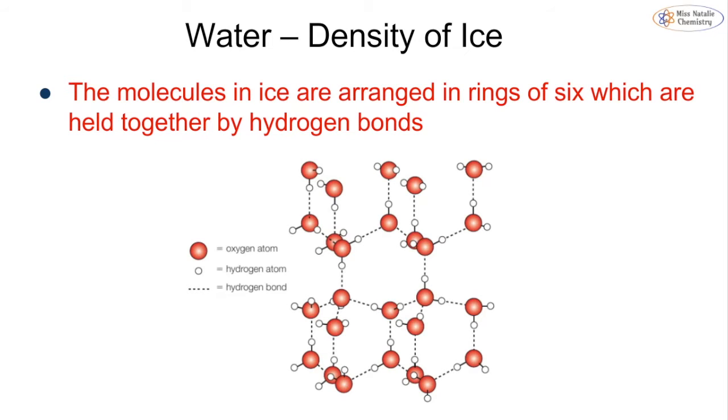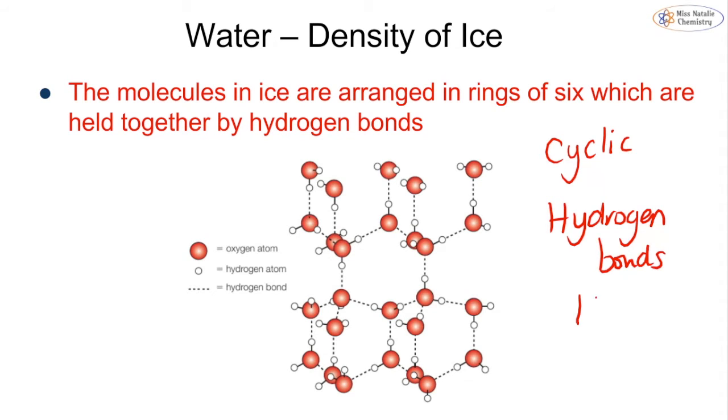Now, when we're looking at the density anomaly, it is to do with the fact that the molecules in ice are arranged in rings of 6 that are held together by hydrogen bonds. So you can see that we've got our water molecules being held in this sort of cyclic structure. And this is because, if you remember, hydrogen bonds are at 180 degrees.